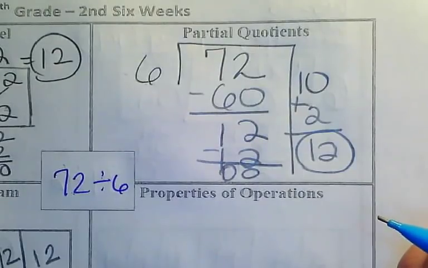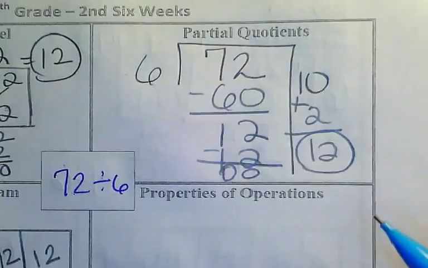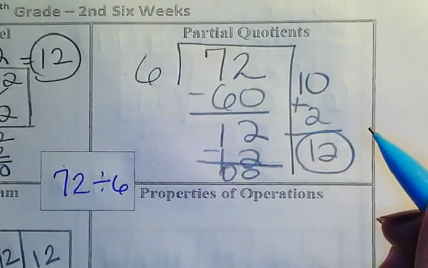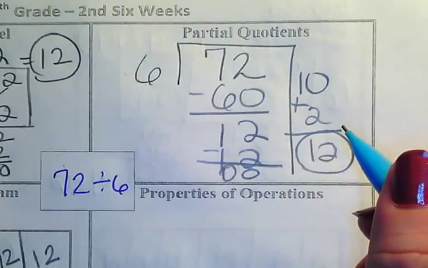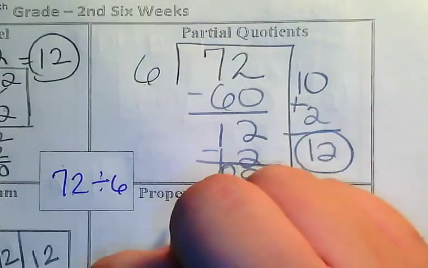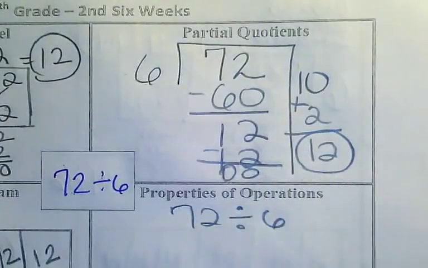Okay, properties of operation. Sorry, we're going to do the distributive property. Remember, we first put our problem, which is 72 divided by 6, and then we start breaking it down.